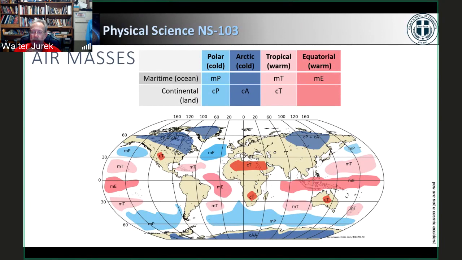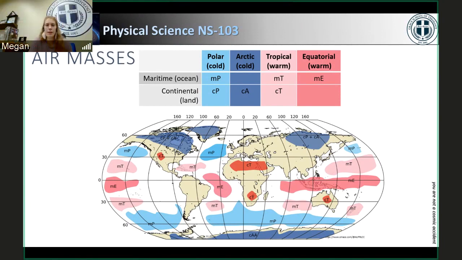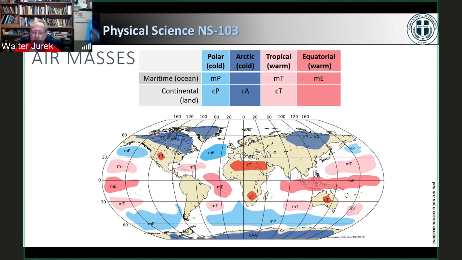Okay, so they do happen continentally, not just in the ocean. Right. The idea here in this picture is to give you examples, but not to be exhaustive. Similarly, there's not a maritime Arctic, but if you were over in the Sea of Okhotsk, you could very easily get a maritime Arctic air mass.